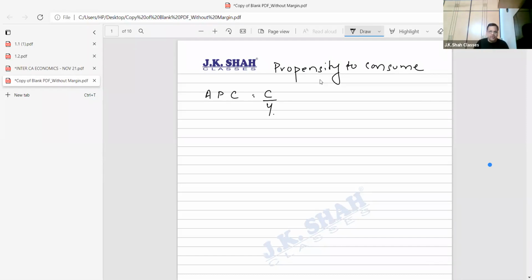Look at the other side of it. That part of the income which you have used for consumption is APC. That part of the income which you have not spent on consumption is what you have saved.